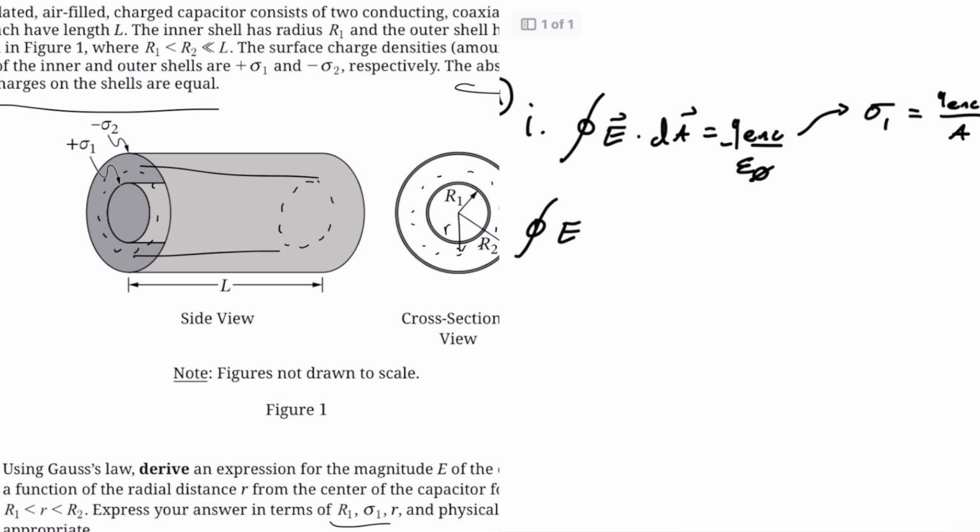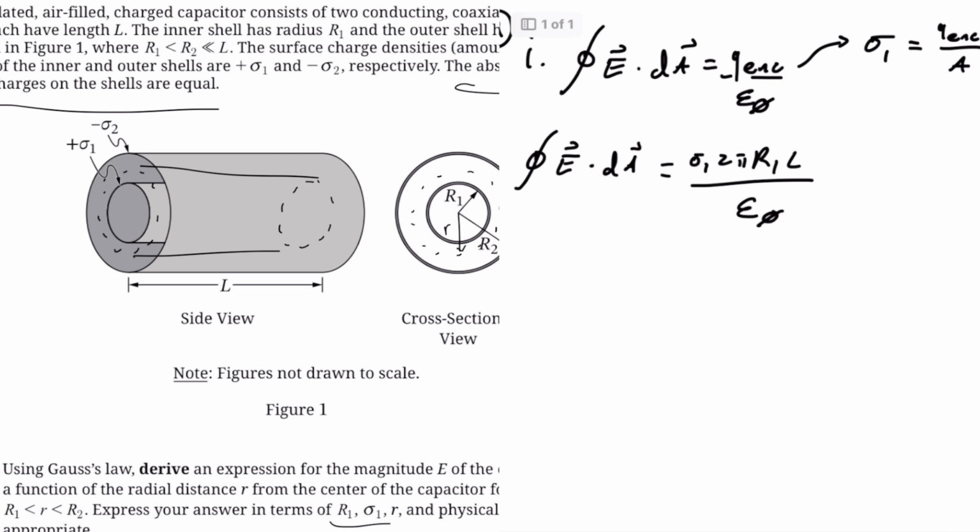Oh, my handwriting is terrible. So the closed integral of E dot dA is equal to sigma 1, 2 pi R1 L divided by epsilon naught. Now I can start looking at the left side of Gauss's law. So let's think, when we're using Gauss's law, what can we pull out of it?